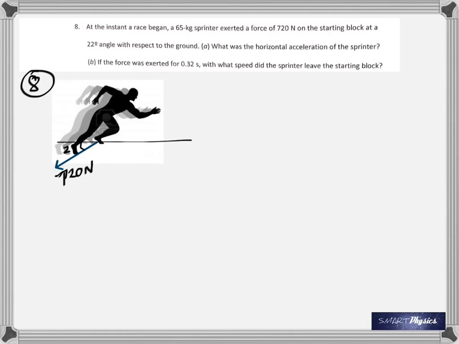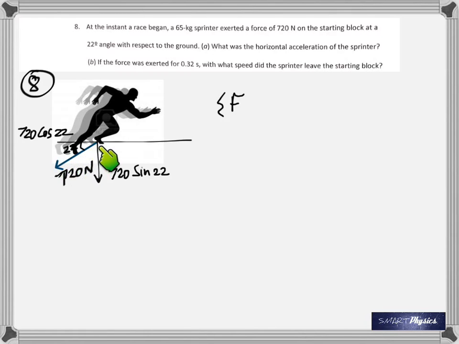Of course, he's pushing back on the ground. But the reaction is what is propelling him forward, remember? You break that force into the two components, you get 720 sine and 720 cos.